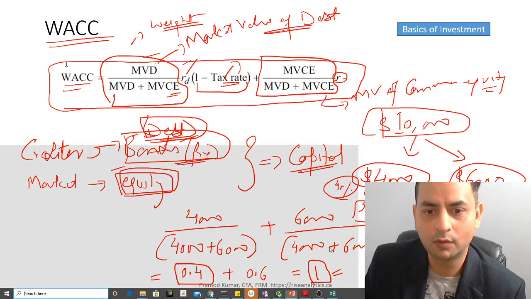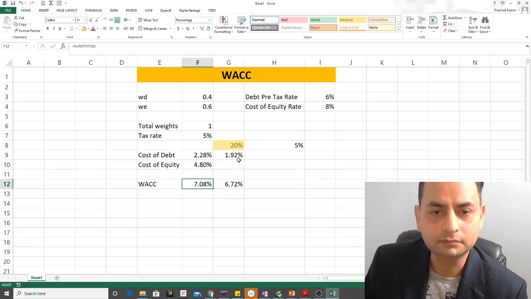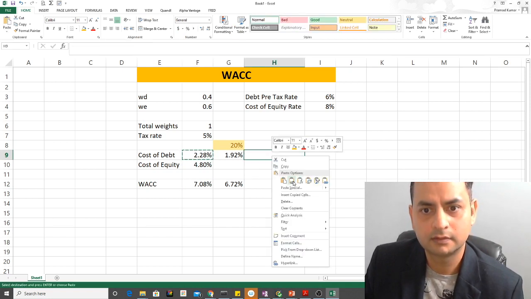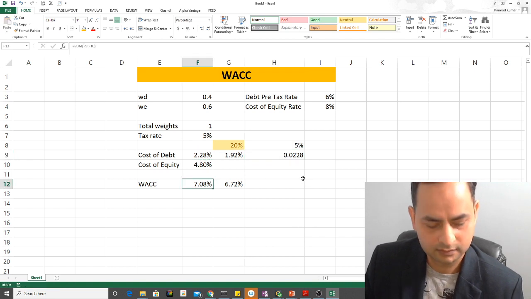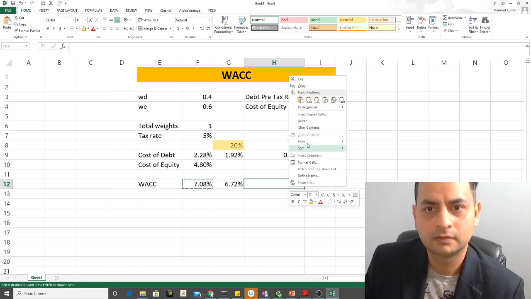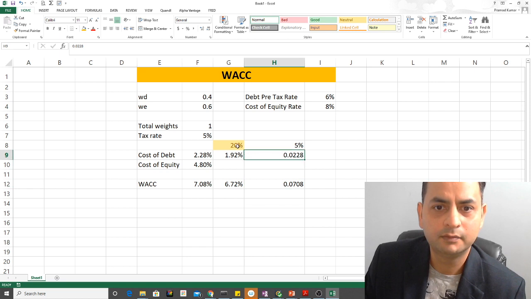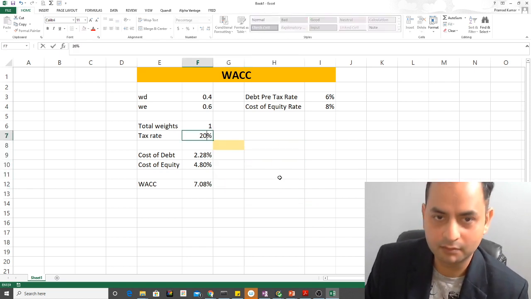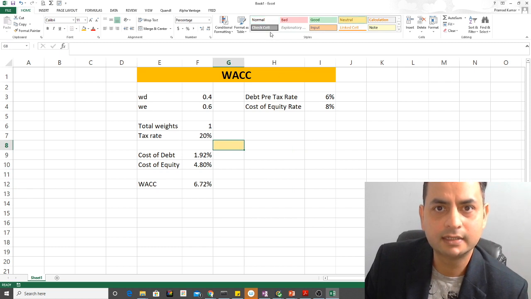Let me go back to the spreadsheet. I'll copy this here, and maybe I'll remove this. I'll put a note here. Let me put it back to 20% and change it.